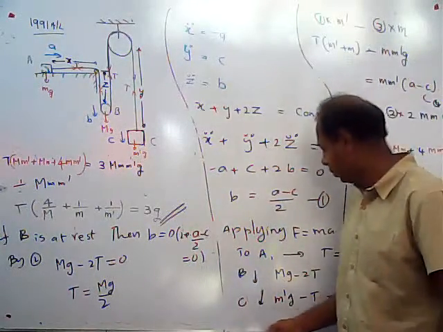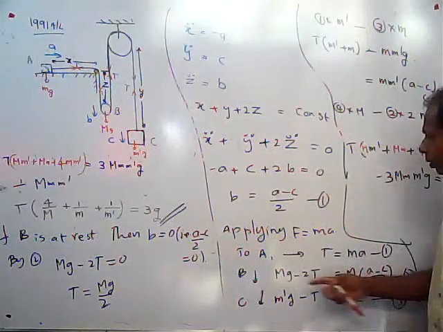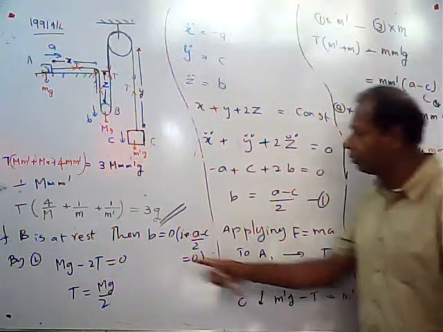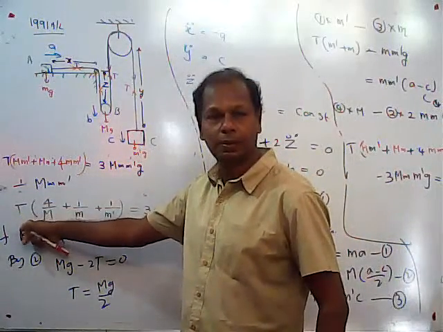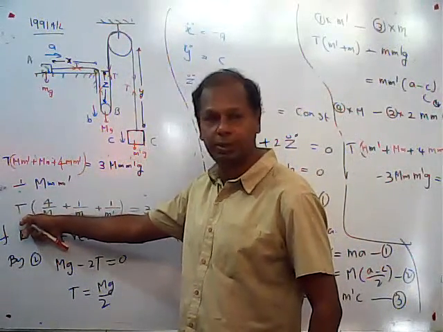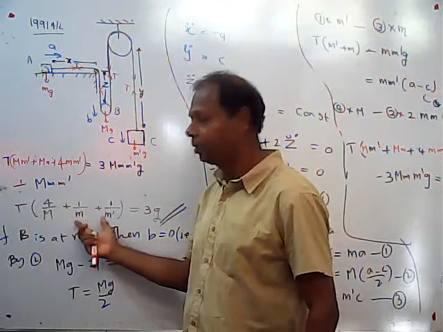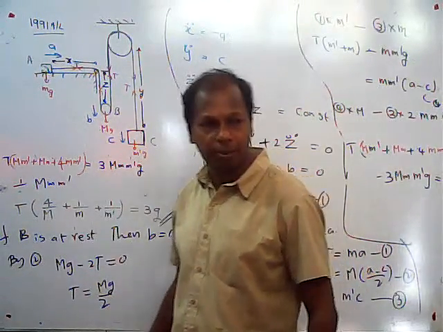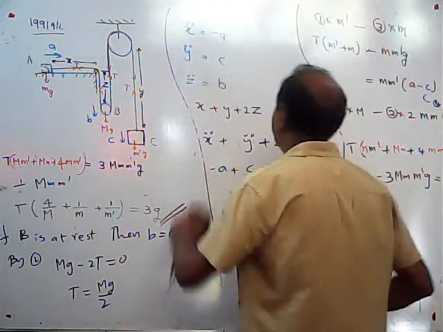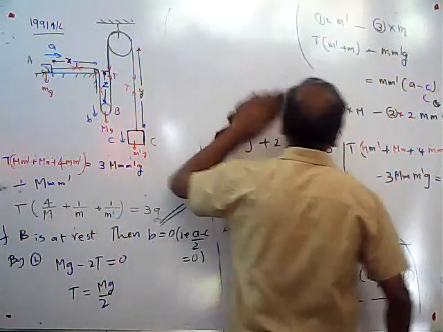So this side is 0, so you get mg minus 2t equals 0, t equals mg over 2. We want an expression without t, the relationship of capital M, small M and M dash. That we need to make, right? Now you can finish it.